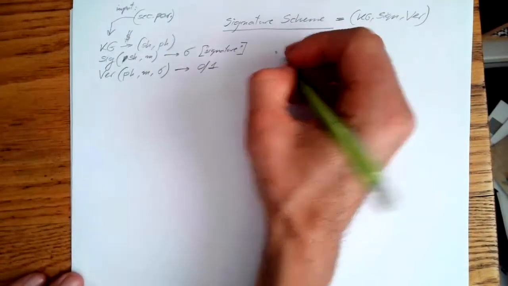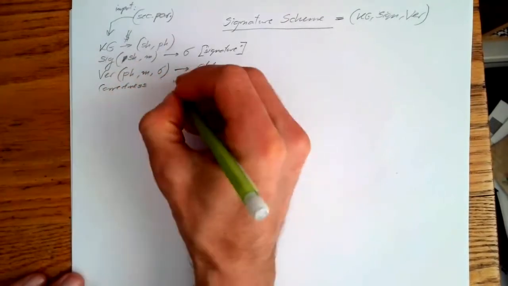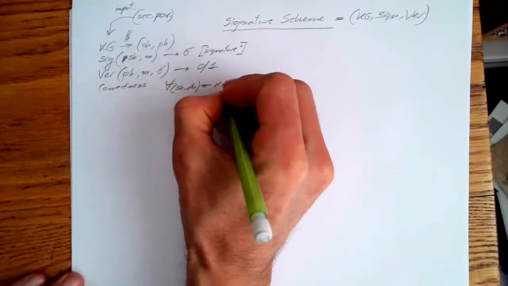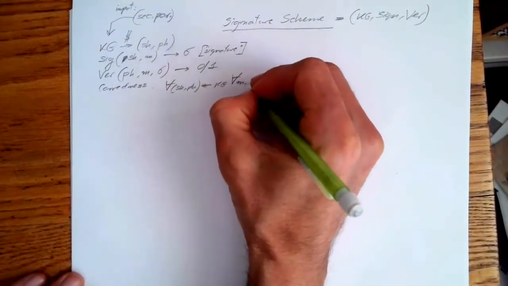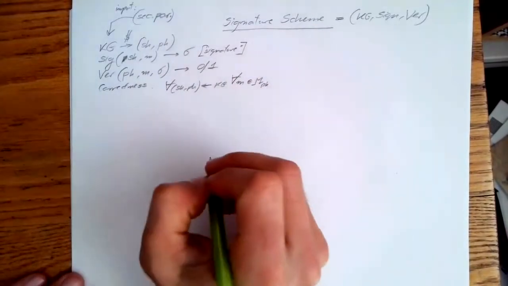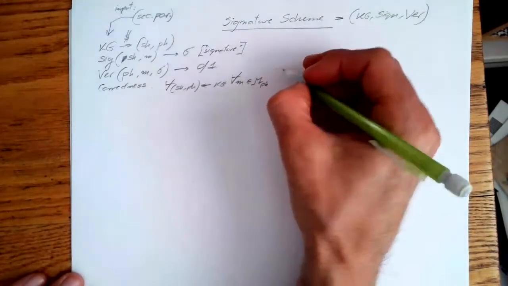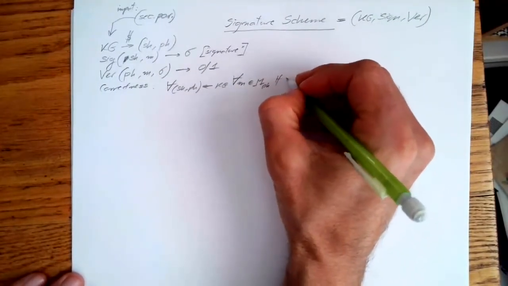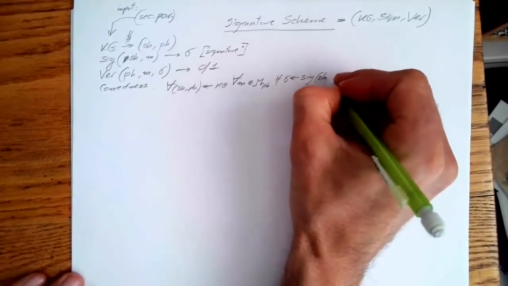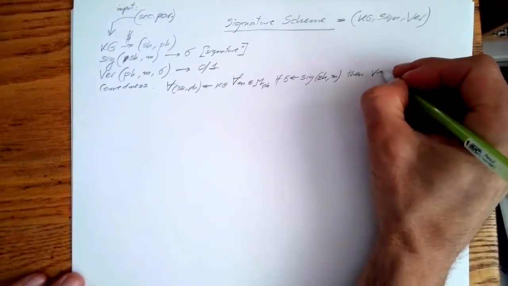And correctness is that for every SK, PK created by key generation and every message in the message space designated by the public key, which could be all bit strings but it could be restricted, if a signature is generated by the signing algorithm, then the verification works.